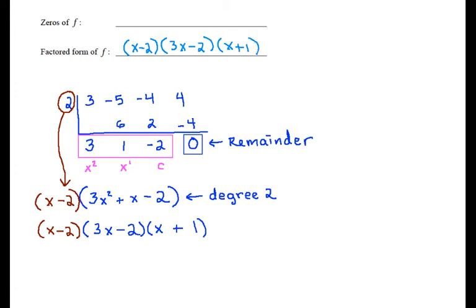And because I was able to factor it, I can find the zeros of this just by setting each factor equal to 0. x equals 2 is my first 0. 3x minus 2, setting that equal to 0 would eventually get me x equals 2/3. And x plus 1 would get me x equals -1. So that my zeros corresponding to each of these factors are 2, 2/3, and -1.